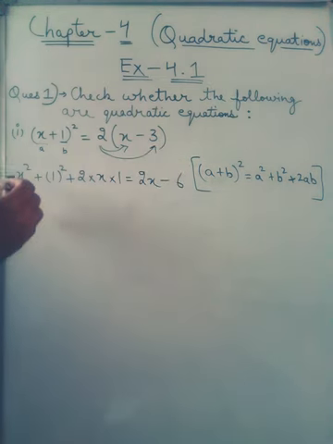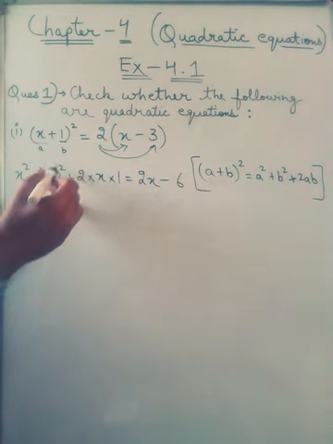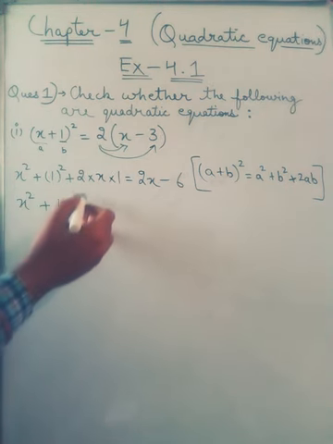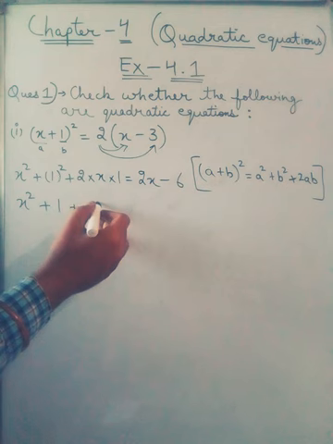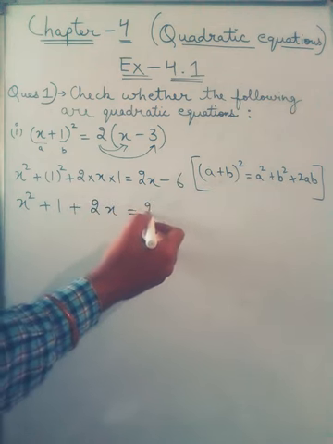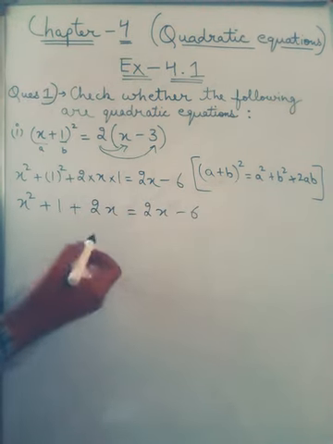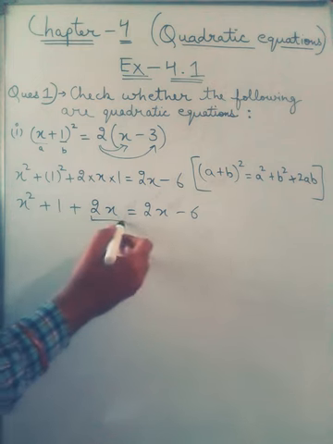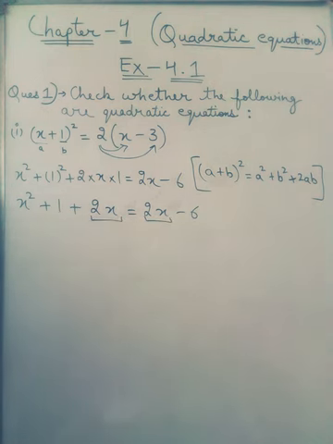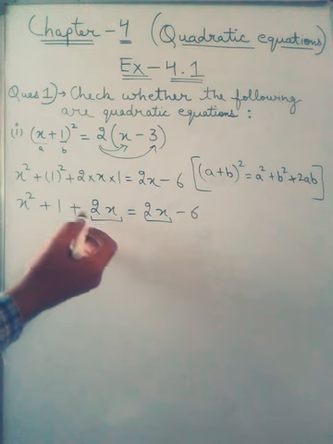So x square as it is, square of 1 is 1, 2 into x into 1 is 2x, is equal to 2x minus 6.